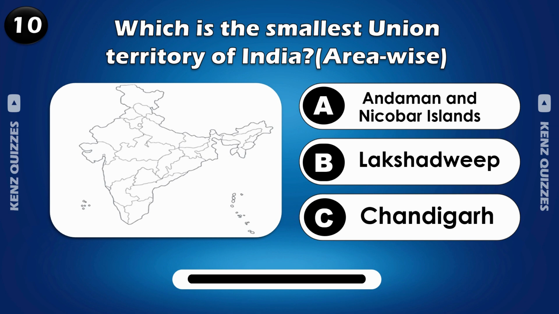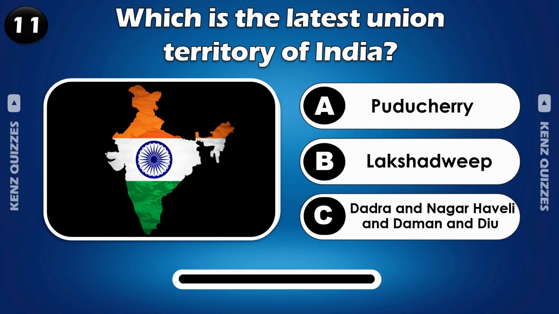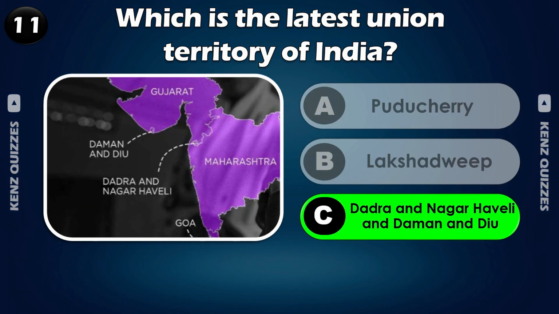Which is the smallest union territory of India area-wise? Lakshadweep. Which is the latest union territory of India? Dadra and Nagar Haveli and Daman and Diu.